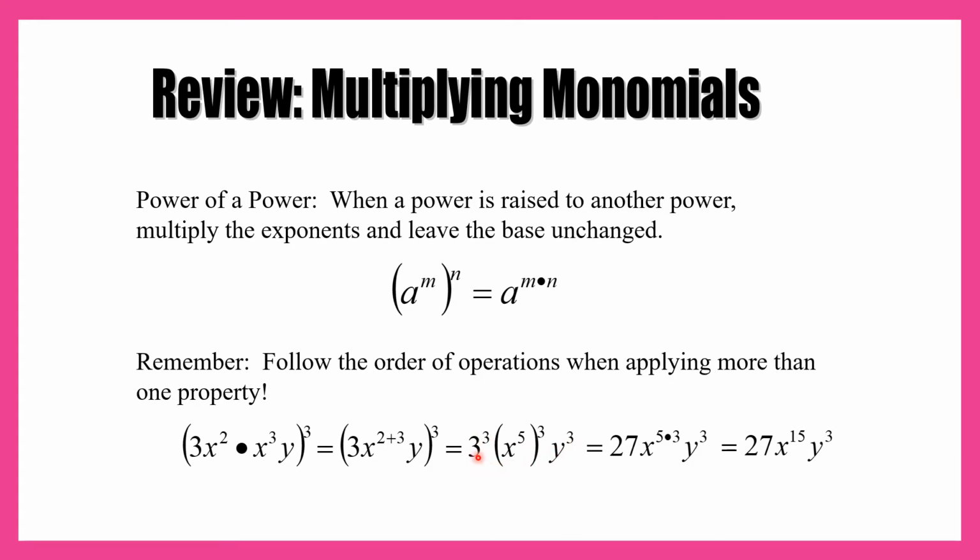That means 3 times 3 times 3: 3 times 3 is 9, 9 times 3 is 27. So we have 27 here. And then 5 times 3 is 15. So the final answer is 27x to the 15, y cubed.